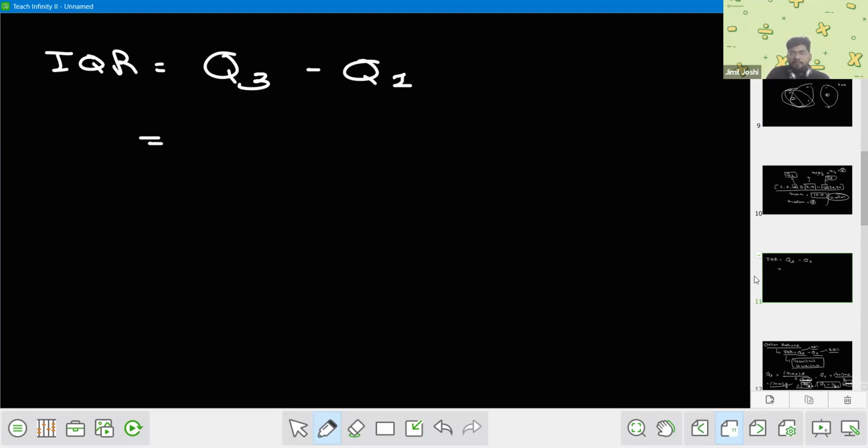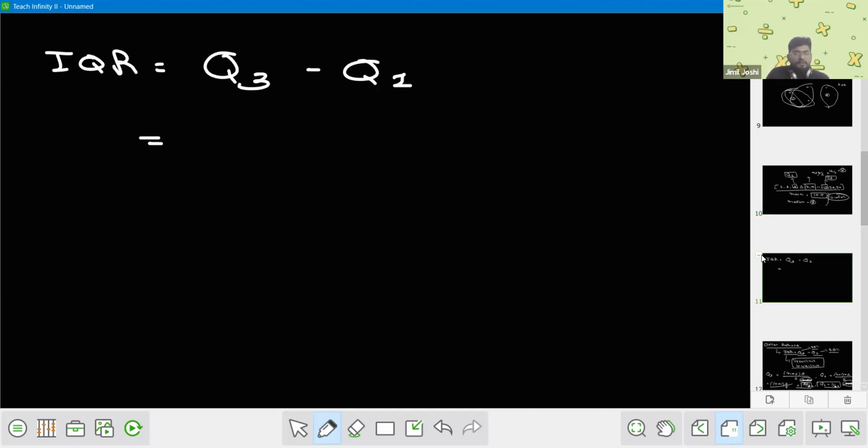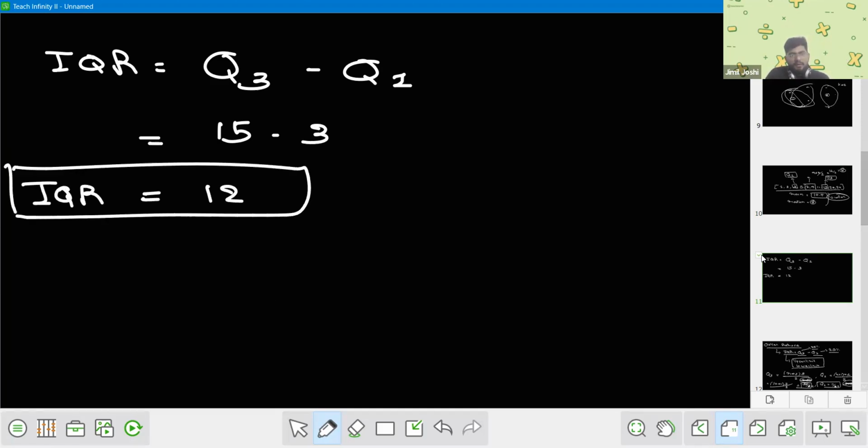Now you have both values. Q3 is 15, Q1 is 3. So 15 minus 3, 12 is your IQR. But what will I do with this? With this, I will find two things: the upper limit and the lower limit.